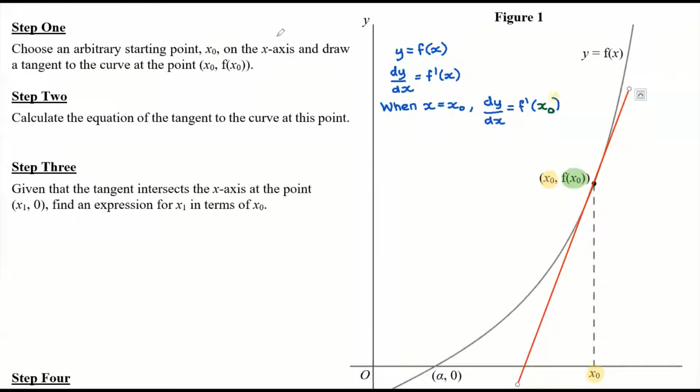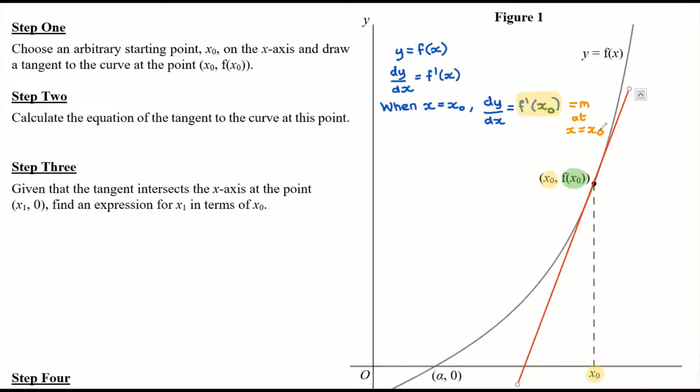It's not a variable. So this is your m, essentially, at x is equal to x naught. So we've just worked out, symbolically and generically, what the value of m would be at an arbitrary point x naught. Okay, so we need the equation of the tangent.